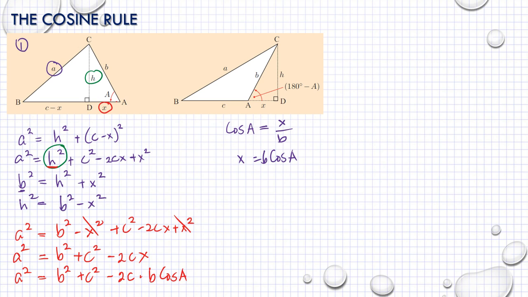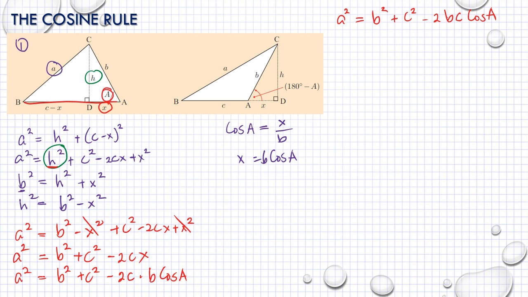What is our C? Our C is the base, the whole base there. That means if I want to find the length of A squared, then I need to find the square of the two sides minus 2 times the product of the two sides multiplied by cosine A, the opposite angle of the side that I am looking for.